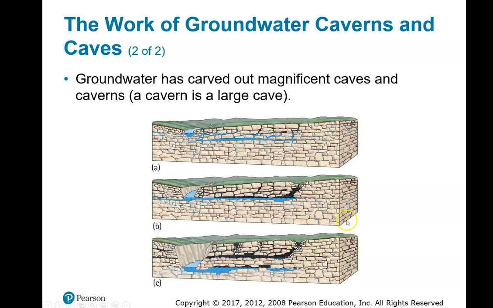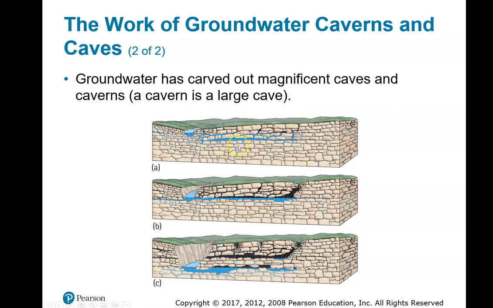They don't take you too far down into the cave, but even in the middle of the summer, it can be 90 degrees at the surface, and as soon as you drop down into that cave, it gets down to like 50 degrees. So that's just one example of a cave.